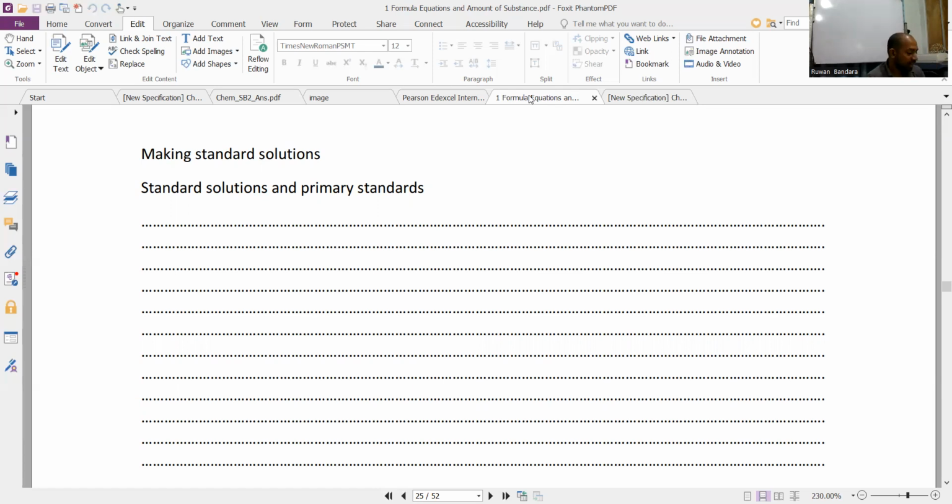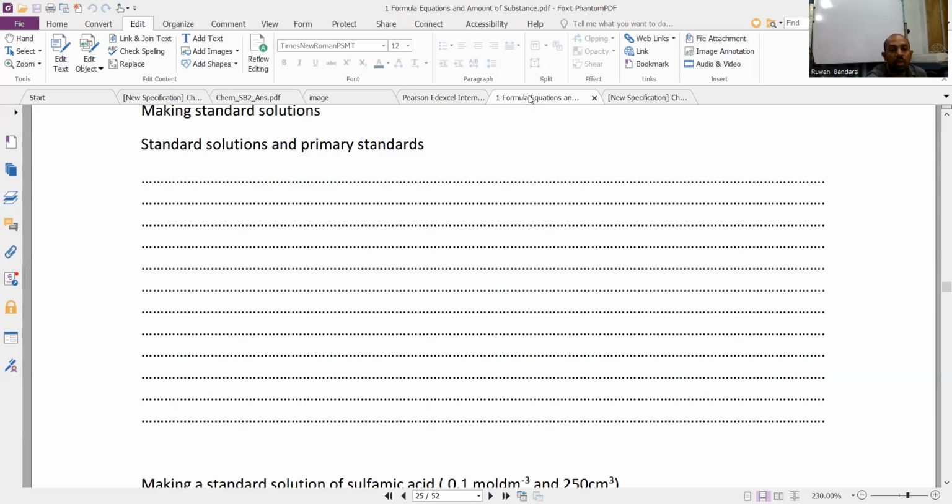And the next point, standard solutions are prepared by dissolving a known mass of solute in a known volume of solvent.